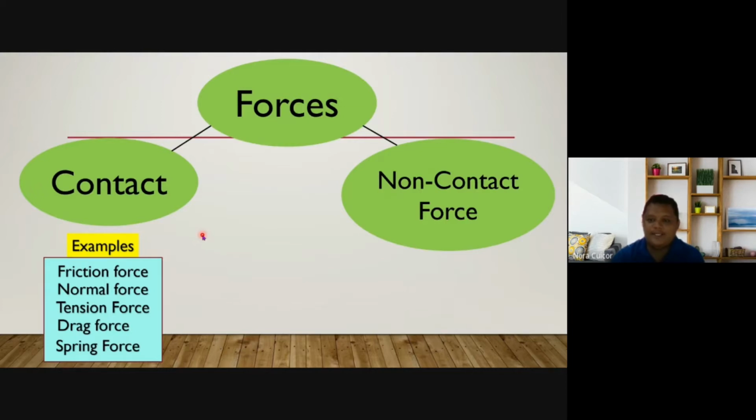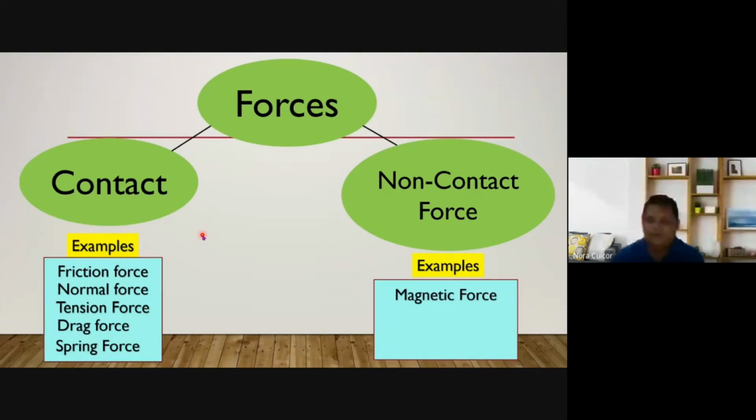Another one is examples of non-contact force: magnetic force, electric force, and gravitational force. Okay, remember, contact force, you need to touch. Non-contact force, no need to touch. Okay?